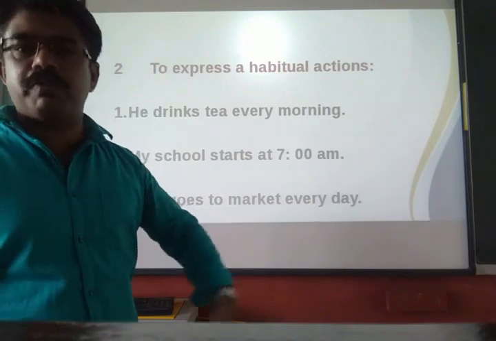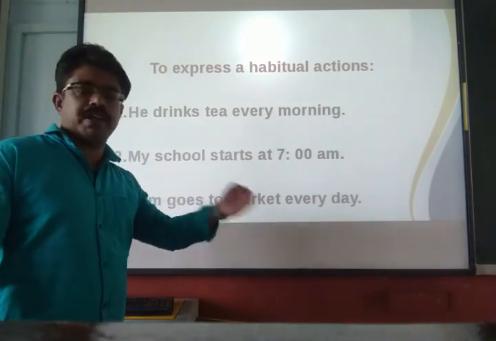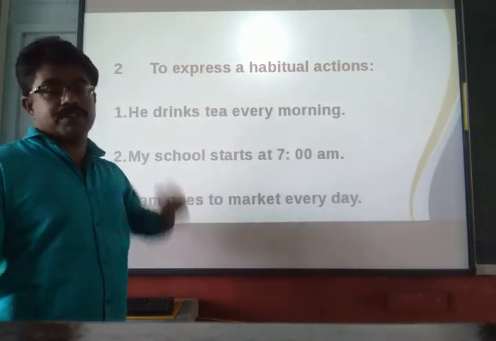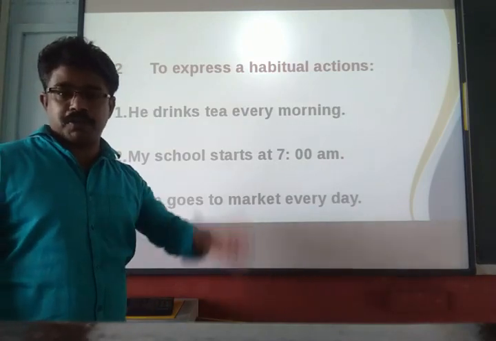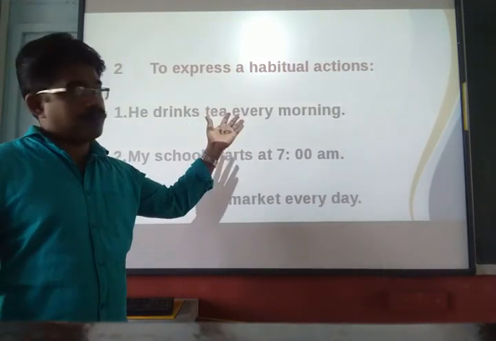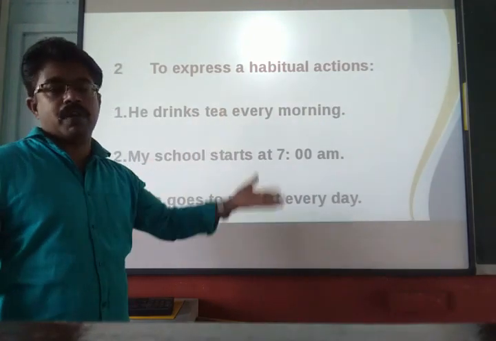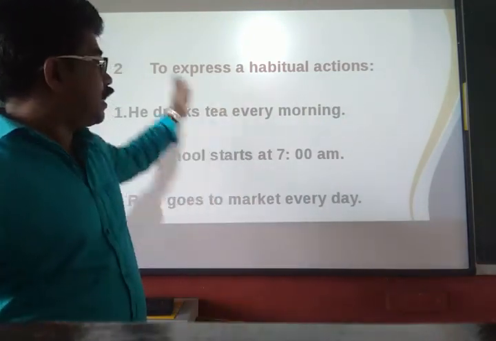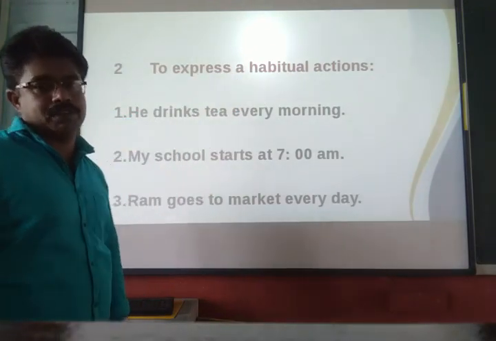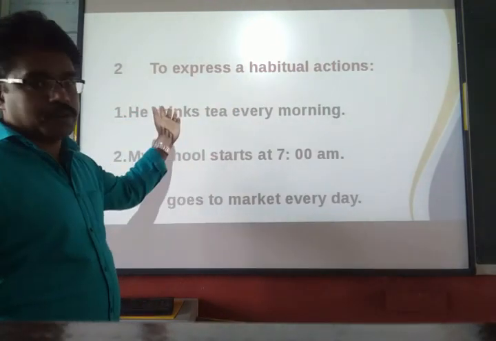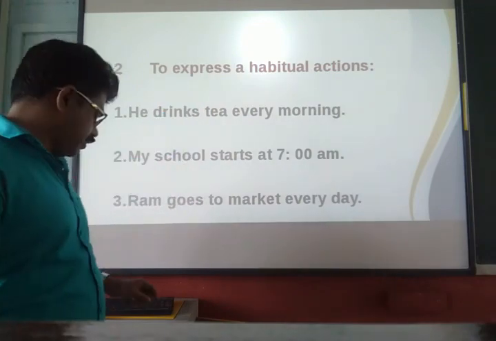When we want to express that habitual action to somebody else, we use this tense. So now we know where to use. First we said universal or facts that are permanent. Second we have the so-called habitual actions. So two things we said, universal truth and habitual action.